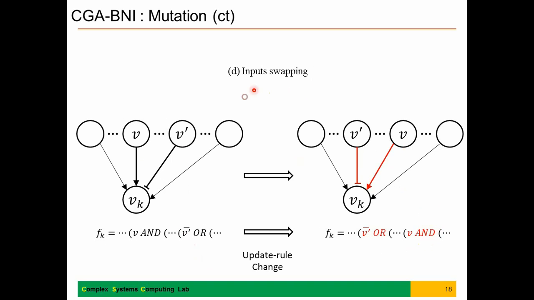The fourth is the input swapping mutation. For example, we have two inputs Vn and Vm here, and we swap the two inputs. For example, here in this version we have Vn and Vm; when we swap, it will change to Vm and here Vn.